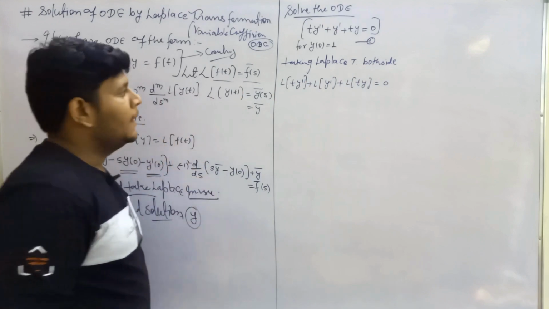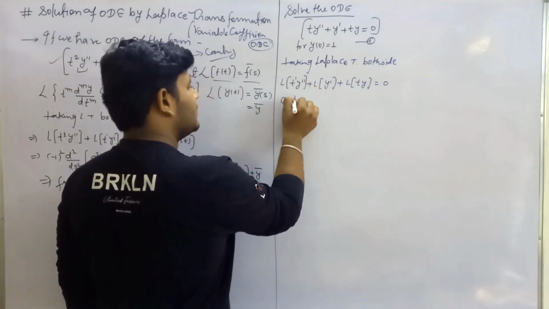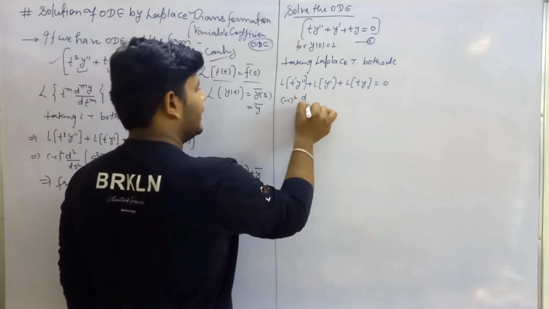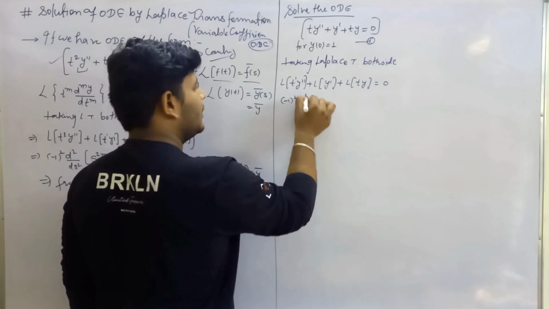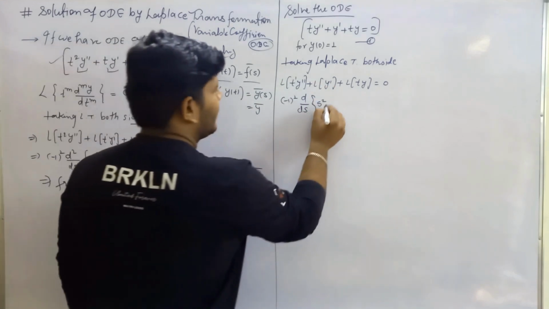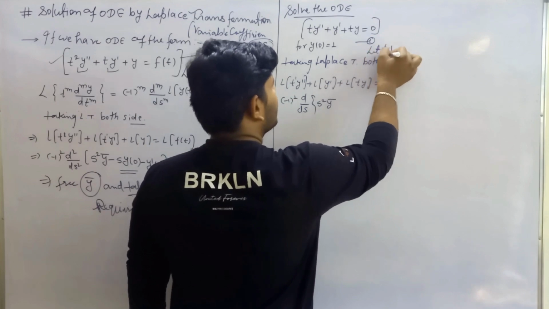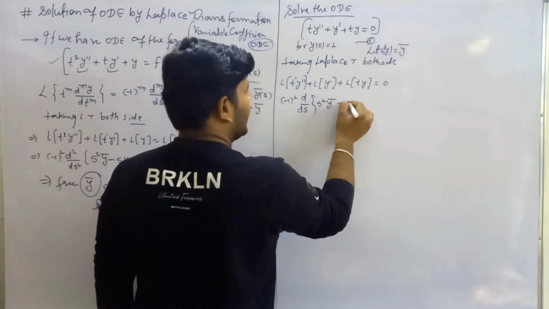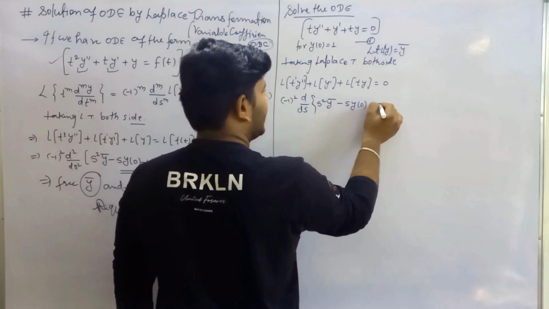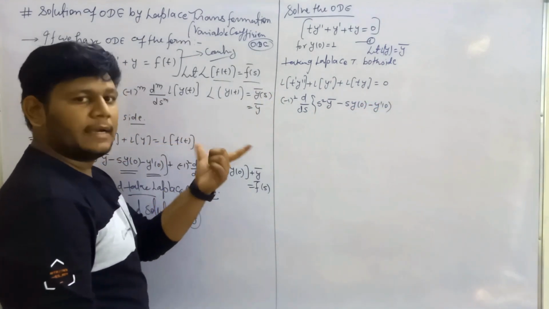Now for the Laplace, where there is t to the power 1, it means minus 1 to the power 1 d by ds, one time derivative, and the value of this is s square y bar. Let Laplace of y be y bar, minus s y0 minus y dash 0. This is the term for y dash.